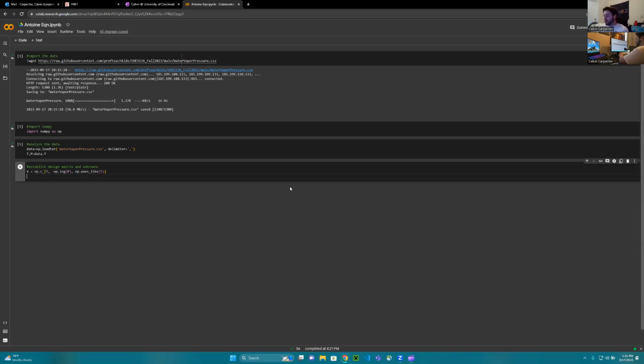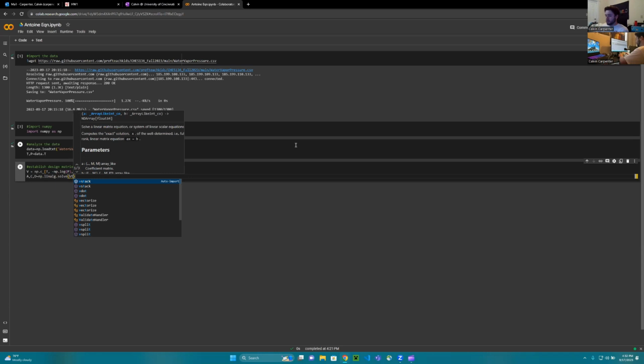All right, now we're going to establish our unknowns. So A, C, and D are equal to our linear regression model, which is going to be the transpose of our vector V established above. And then in this coding language, at is the dot product symbol.